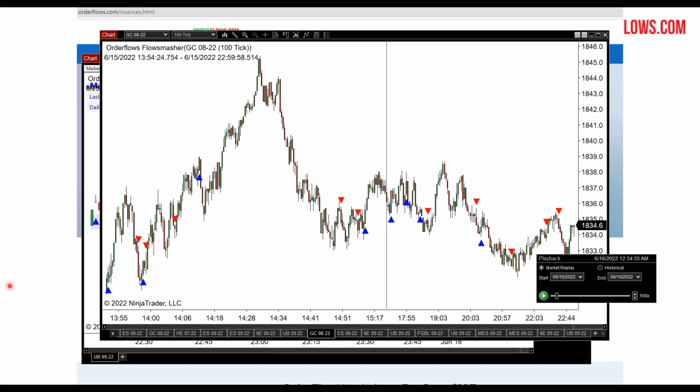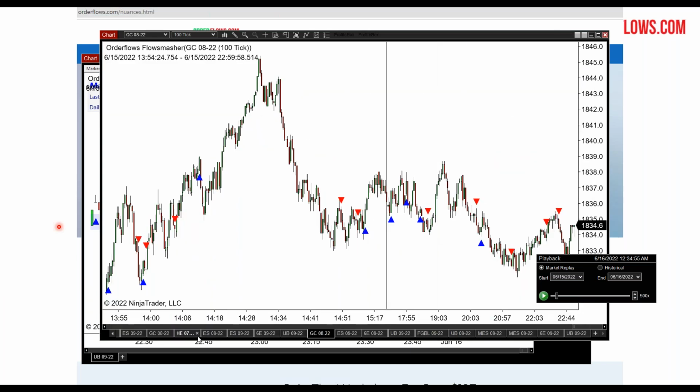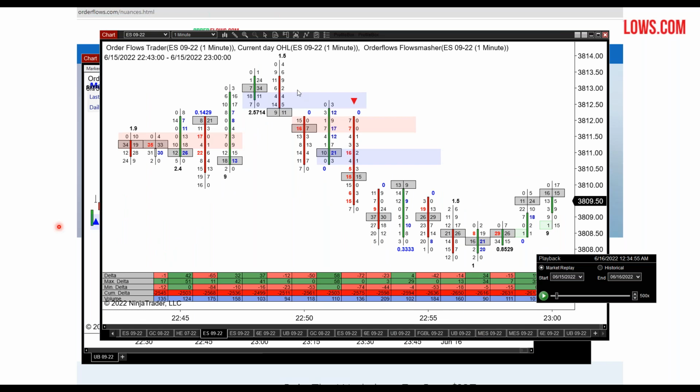So Mina asks, what do region 1 and region 2 refer to? What it refers to is where in the bar it's analyzing the order flow to compare it to the previous bars.